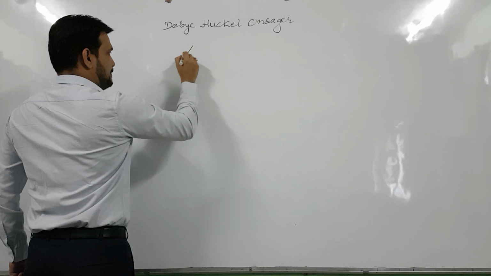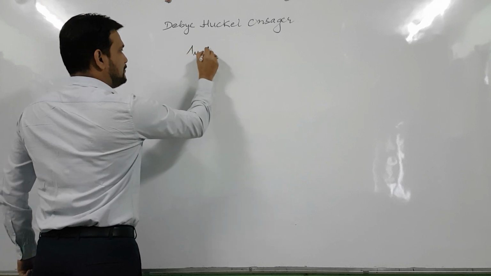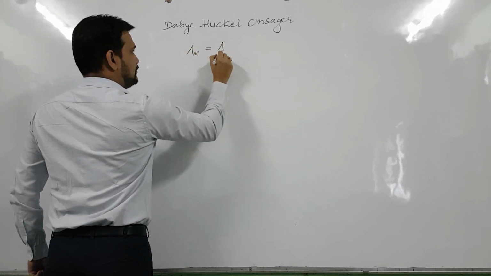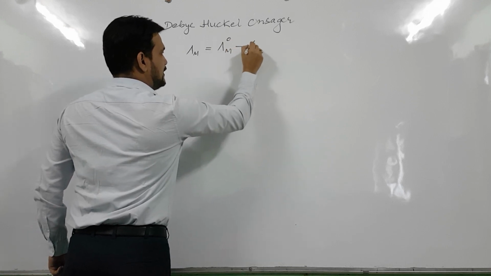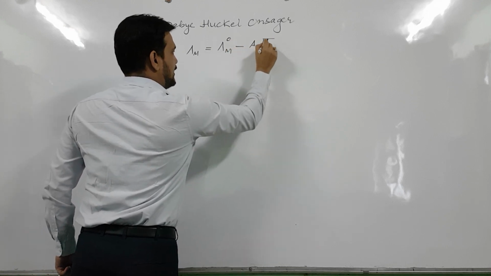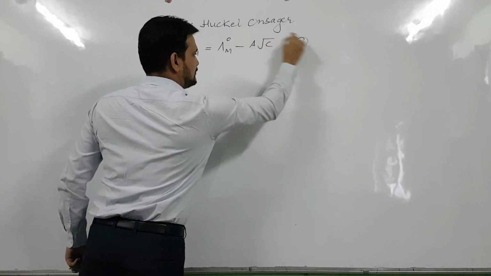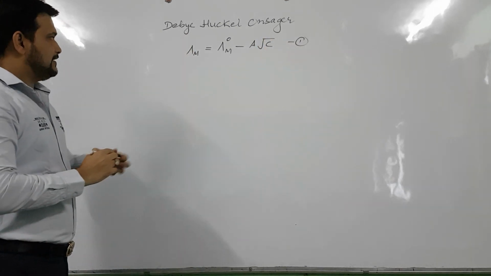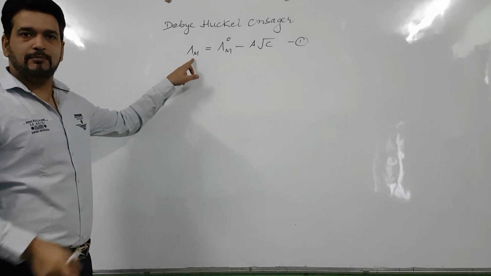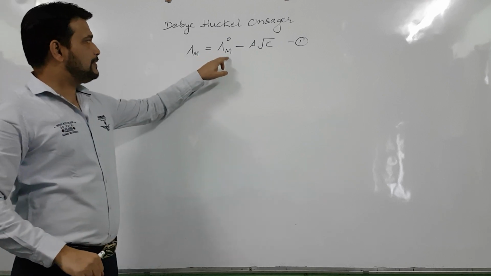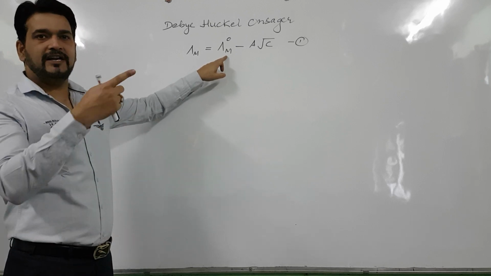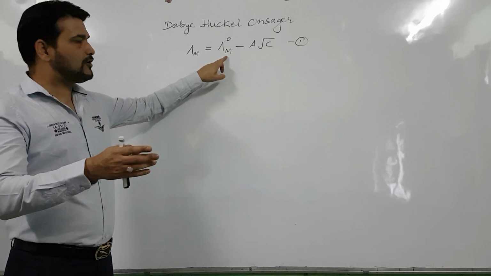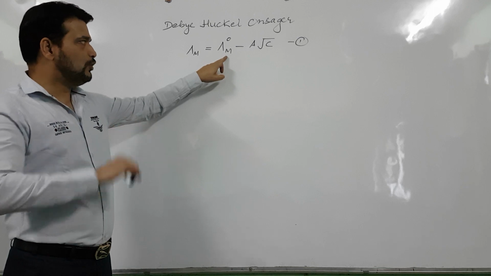was given by lambda m is equal to lambda m naught minus A under root c, where lambda m is the molar conductance, lambda m naught is the molar conductance at infinite dilution, meaning when concentration is very low.